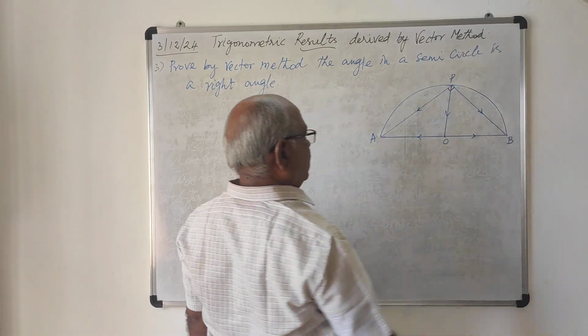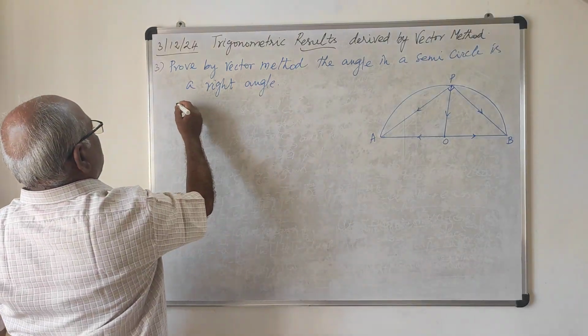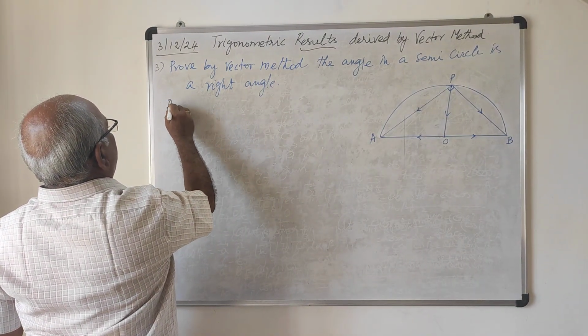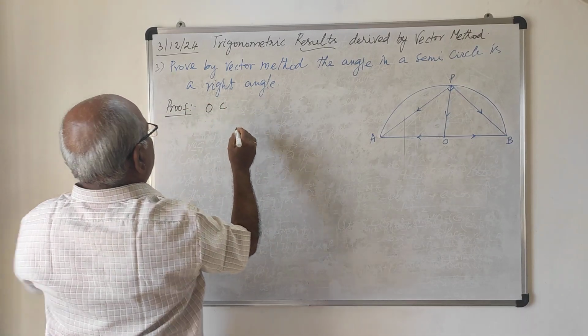Proof. O is the center of the semicircle and AB is the diameter.